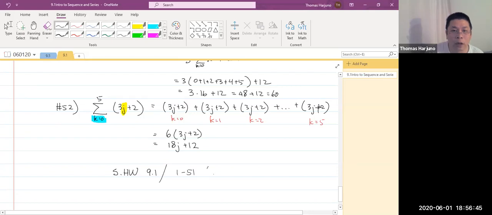Just do every other odd one and skip the graphing, so you can skip number 17 and number 19. Okay. Now on Wednesday, the last day of our class, we will do 9.2 and 9.3, which are, in my opinion, on the easy side.